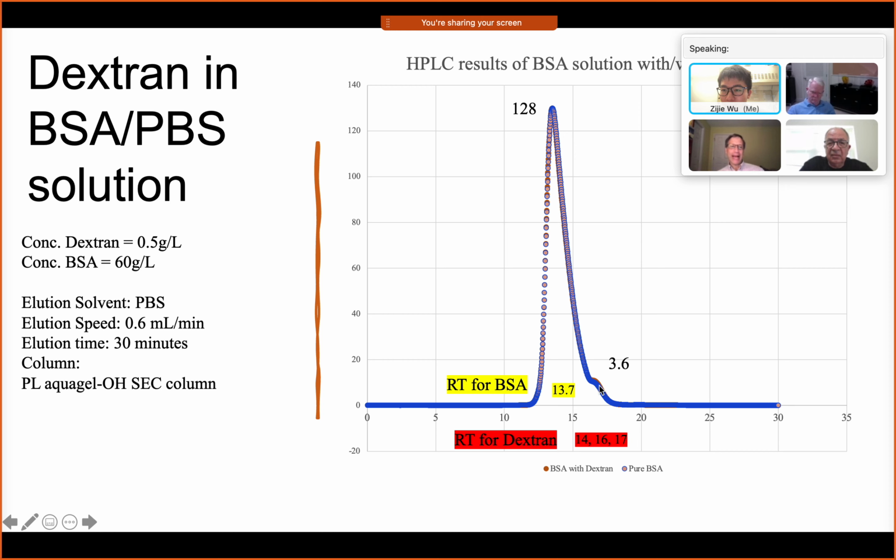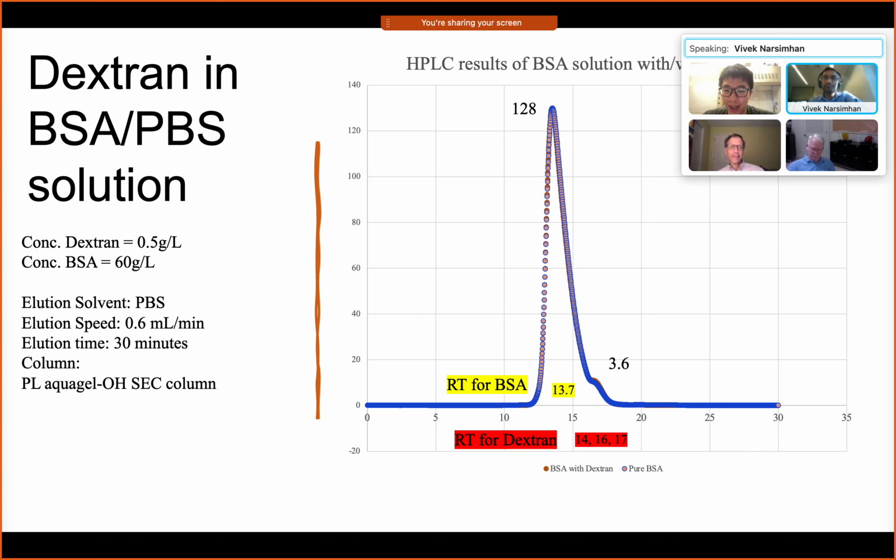Which is what you would expect. Yeah, and the retention time of the BSA is around 13.7 minutes, and the total elution time is 30 minutes. And for the retention time of the dextran, there are a couple points at 14 minutes, 16 minutes, and 17 minutes. And the huge peak is at 17 minutes.